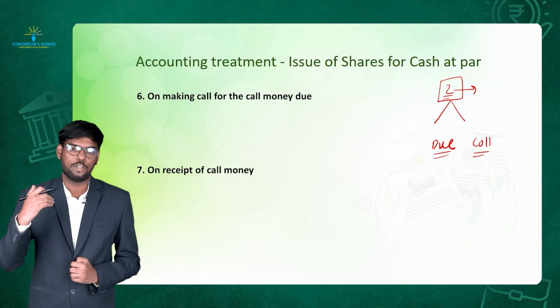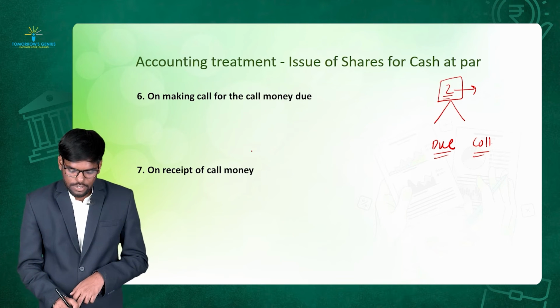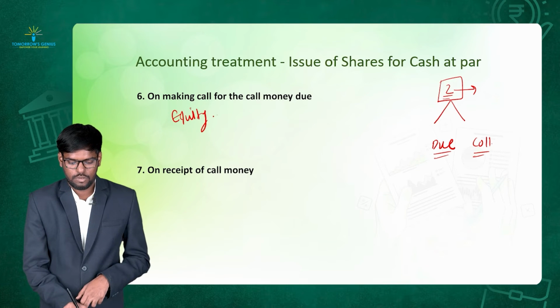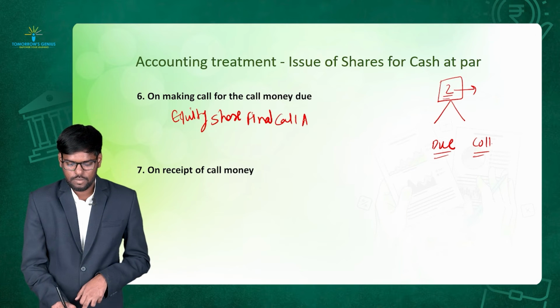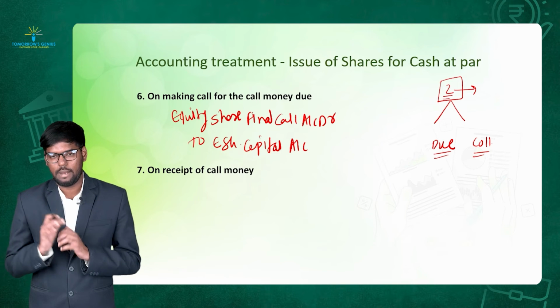So you have to transfer that 2 rupees towards capital account. So the entry will be: equity share final call account debit, to equity share capital account, right?